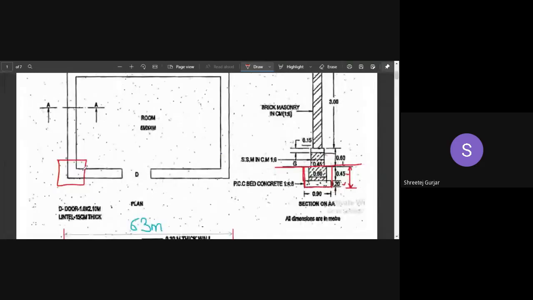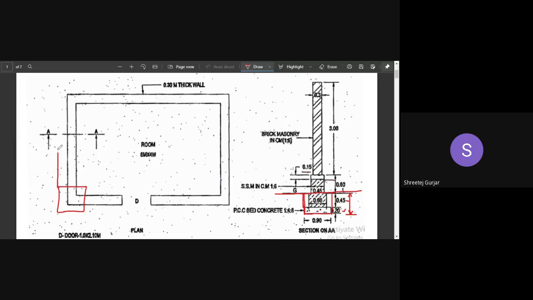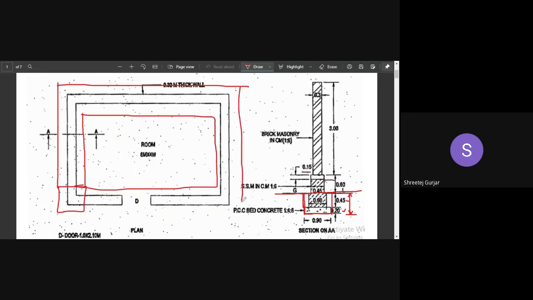In this load bearing structure, the foundation runs continuously. It is like a trench that you have to dig continuously around the whole room. This inside part you have to excavate. In plan it will be this way.